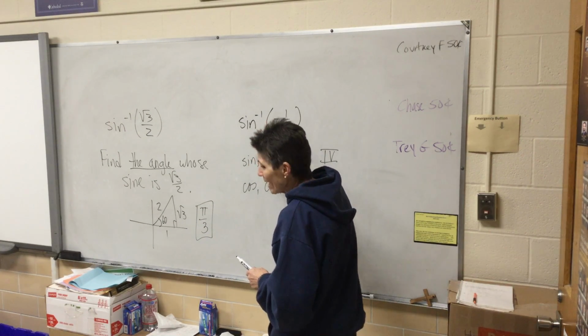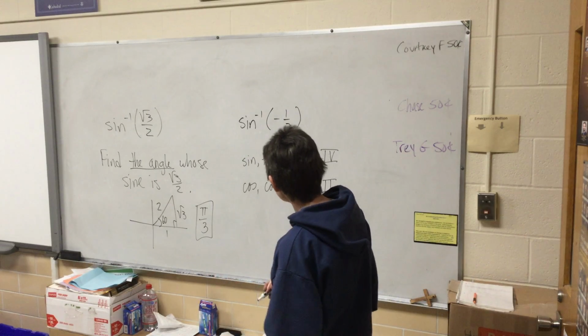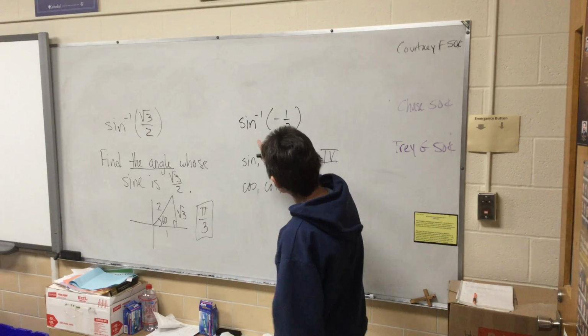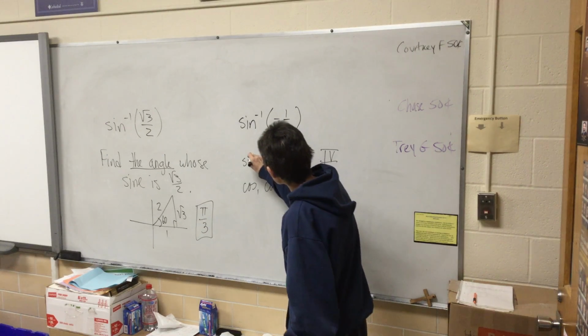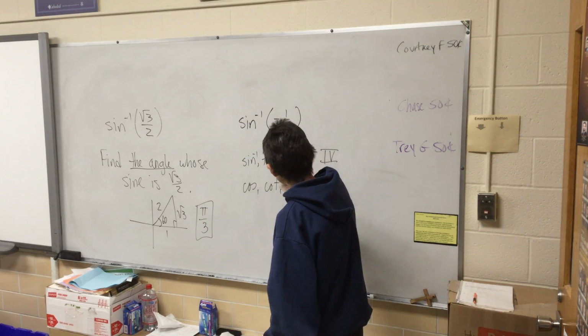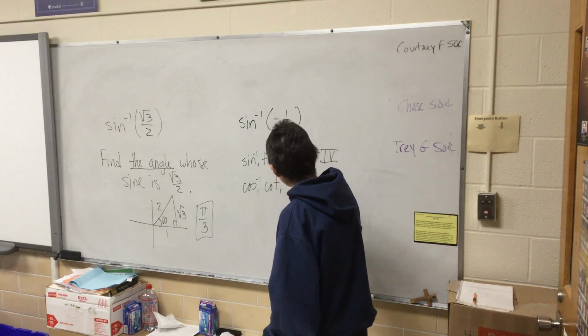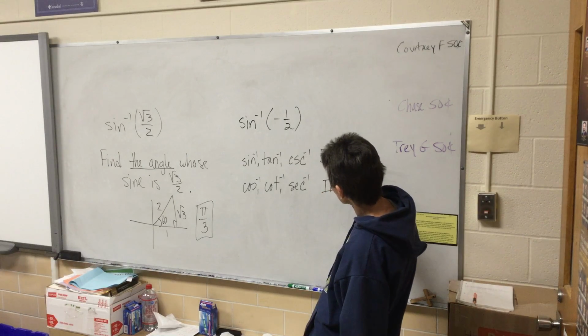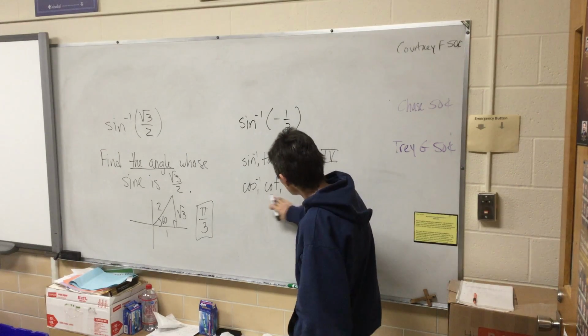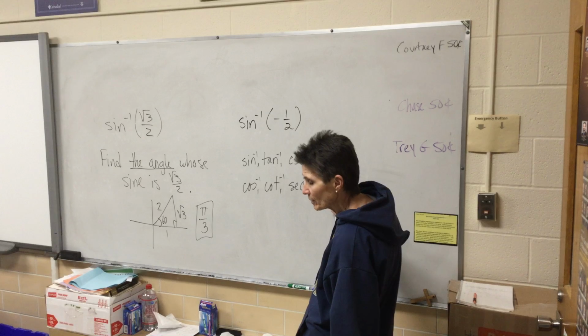You need to know where it is if you're going to figure out how big it is. Since it's an inverse sine and it's a negative, so this all has to do with the inverse functions. If any of these inverse functions, these 3, you're going to draw your picture in quadrant 4. These 3, you're going to draw your picture in quadrant 2.